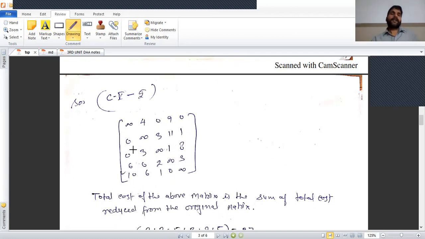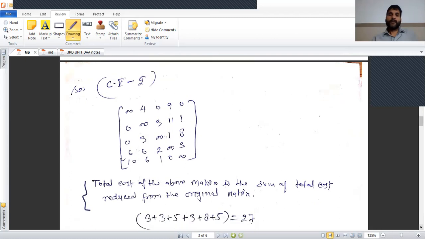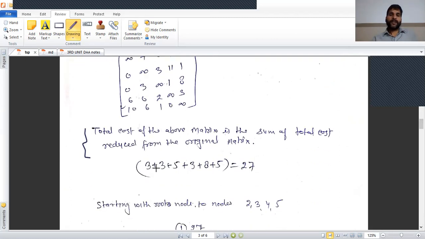After solving the reduced matrix, the total cost of the original matrix is the sum of the reduced form's cost. So we solve cost 3 plus 3 plus 5 plus 3 plus 8 plus 5 equal to 27.